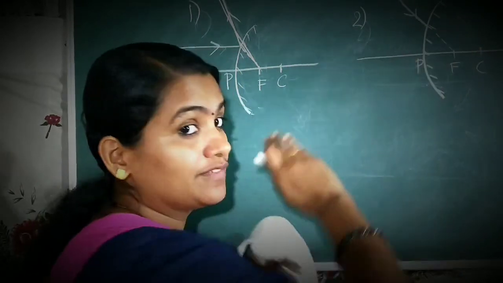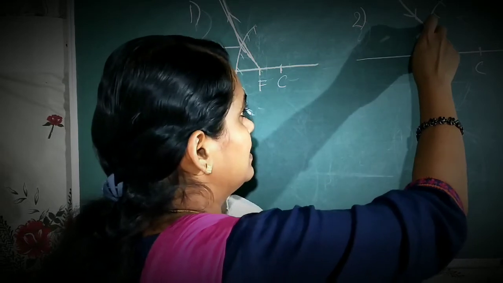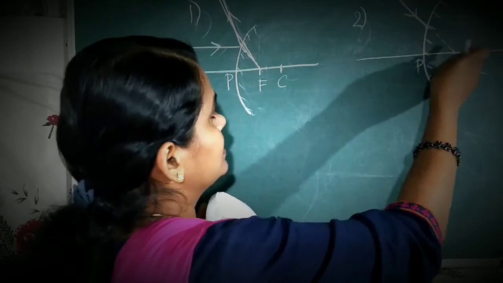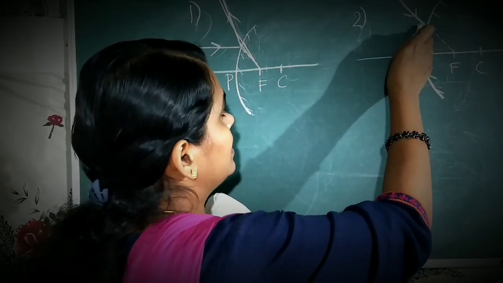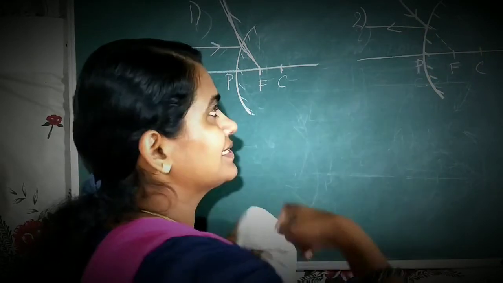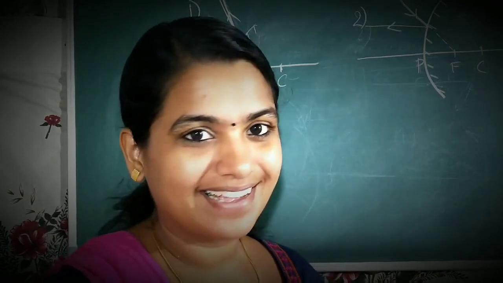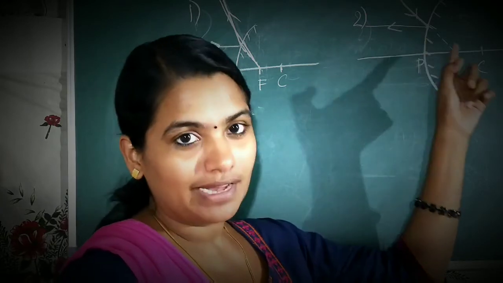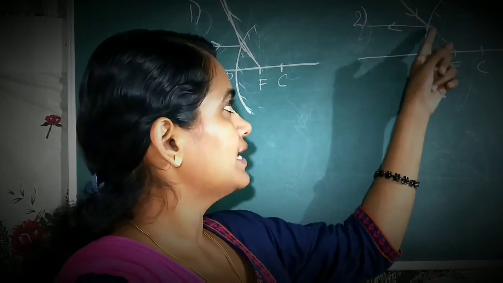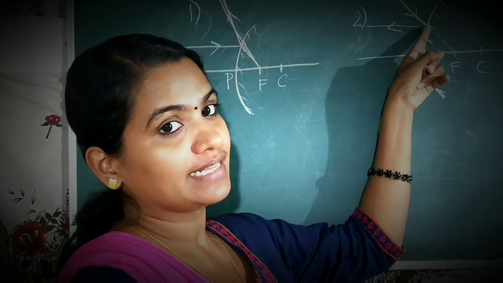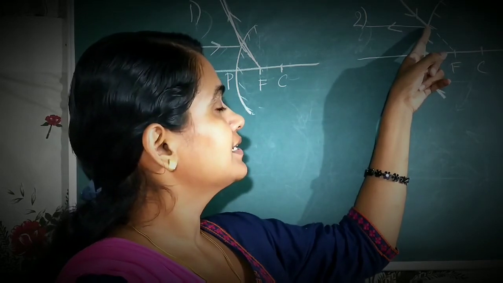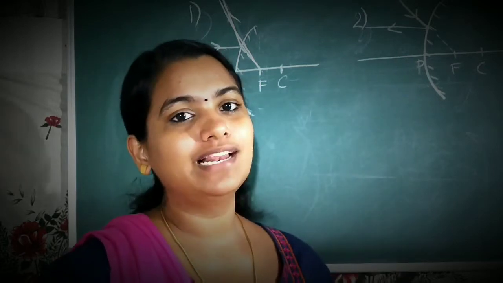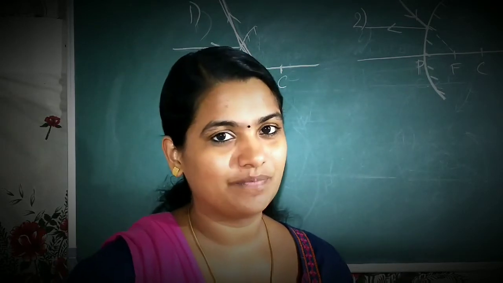But this is the back side of the mirror. So once it hits the mirror like this, here it gets reflected parallel to the principal axis like this. Okay, so the next case is incident ray passing through the principal focus. Once it hits the mirror like this, here it gets emerged parallel to the principal axis.